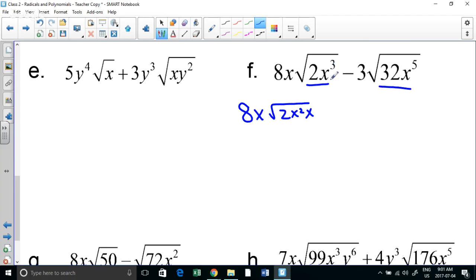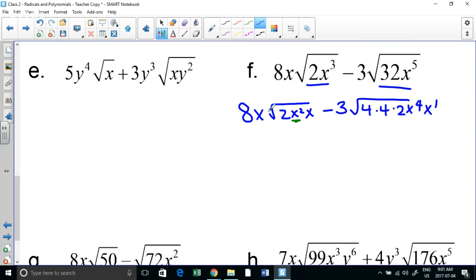We remember when we're simplifying radicands that have variables, we look for even numbers. So an odd number can be separated into an even number and a 1. So that's what we want to do. It can be separated into 4 times 4 times 2. x to the 5 can be separated into x to the 4 and x to the 1. A whole bunch of things can be taken out of the root.